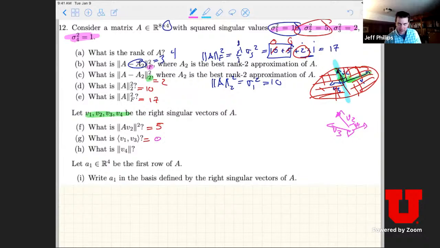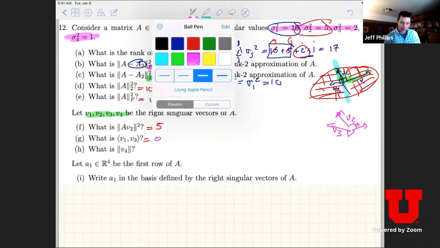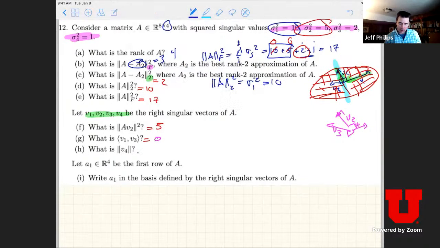And if they're orthogonal, then the dot product has to be equal to 0. Remember, that's what orthogonal vectors means. Okay, and then finally, what is the norm of V4? This is equal to 1, because the right singular vectors are all unit vectors, so I know the norm of any of them is going to be 1.